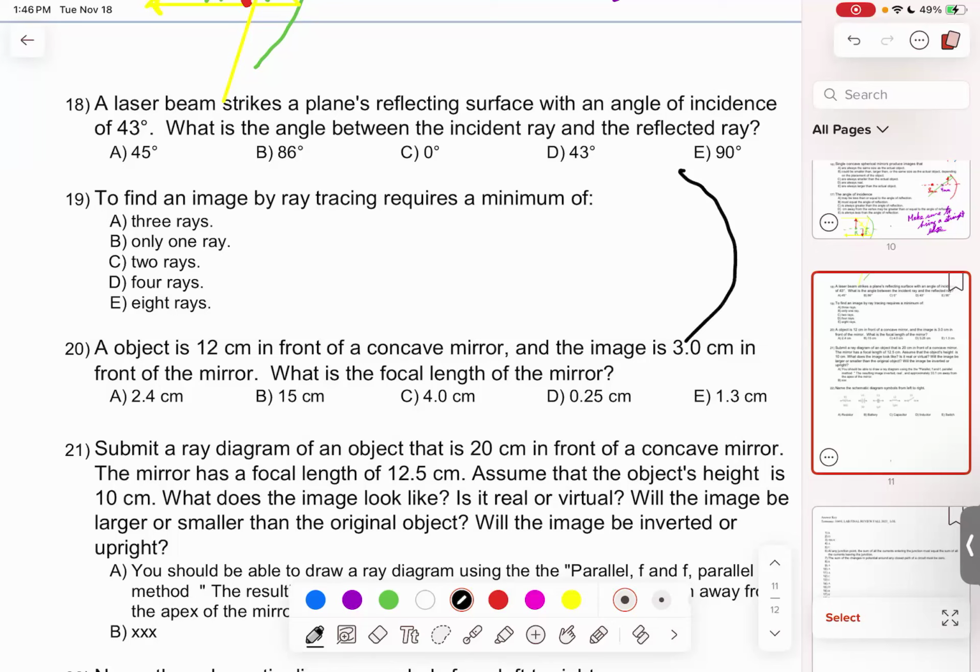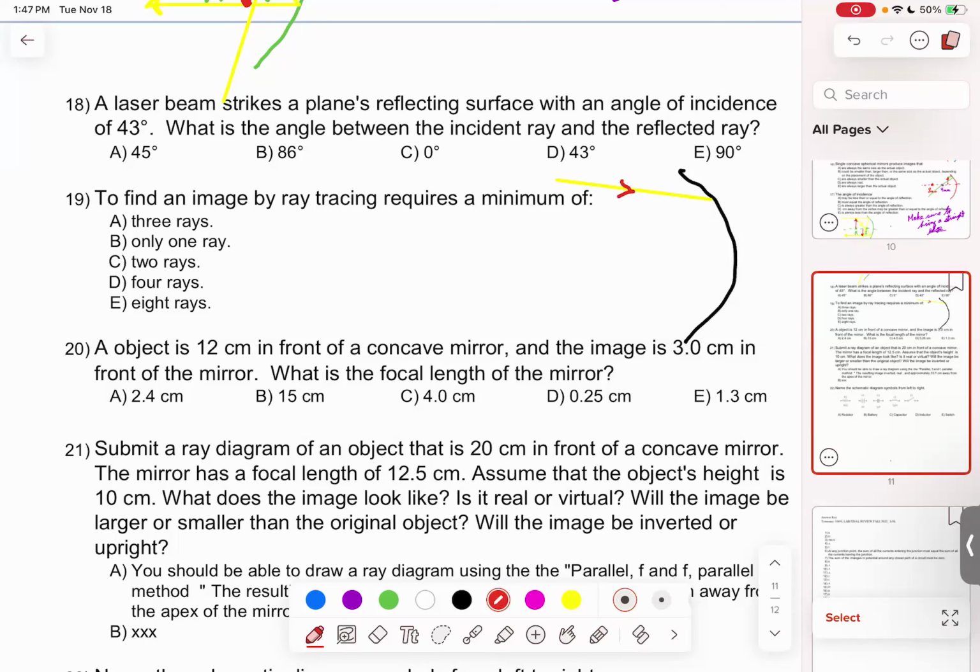Let's just say that here is the surface, and anytime we have a light ray, it's going to hit the surface. Let's just say that here's my light ray coming in this direction. Give it an arrow so you can see which direction.